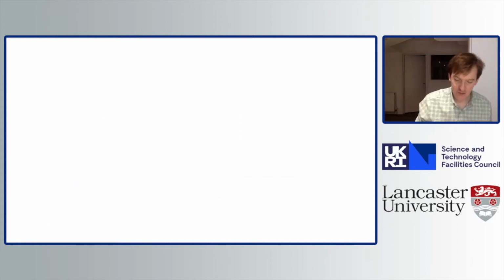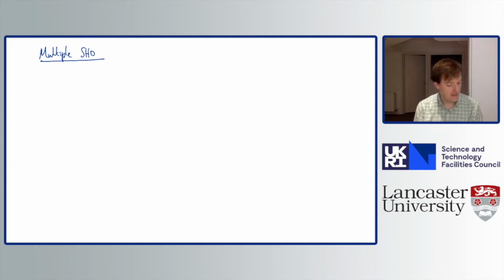On to new things, and the first thing I want to begin with is a rather trivial generalization. We said the Klein-Gordon equation is related to an infinite number of oscillators. We have reviewed what happens with one oscillator. Let's spend a few minutes generalizing it to the case when we have multiple simple harmonic oscillators, because this is the case that's really going to be relevant for our scalar field theory.